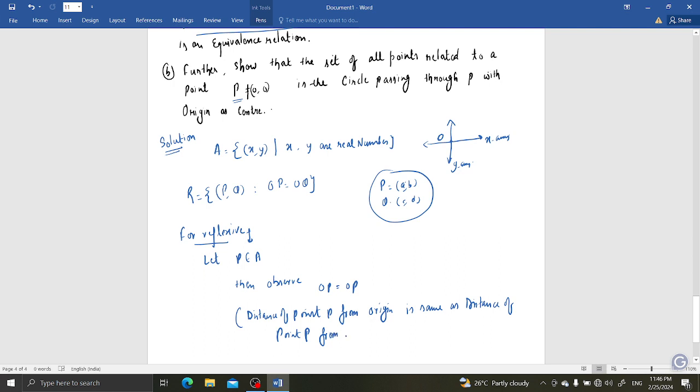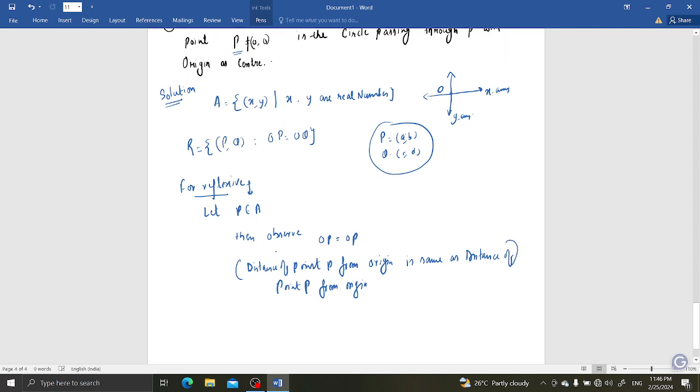Actually both points are the same, so that's why I'm writing this language. So it implies that (P, P) belongs to relation R.